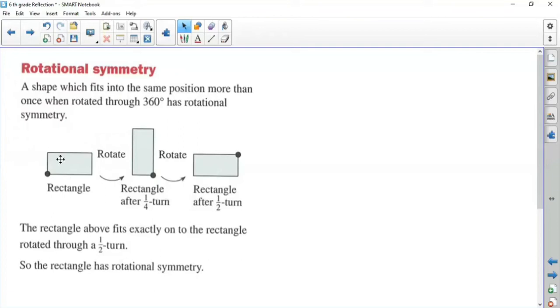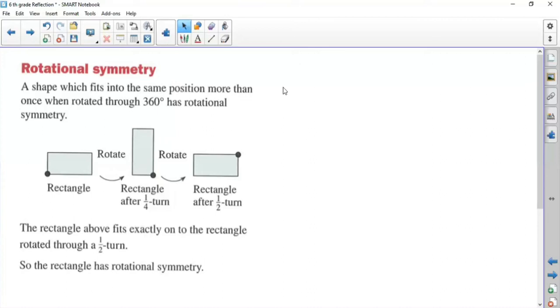So if I rotate this rectangle according to this point, I will see that after a half turn, the rectangle will take the same position as the original one, as we tried before and you saw. So this means it has rotational symmetry. The object can fit in the same position more than once when you rotate through 360 degrees.